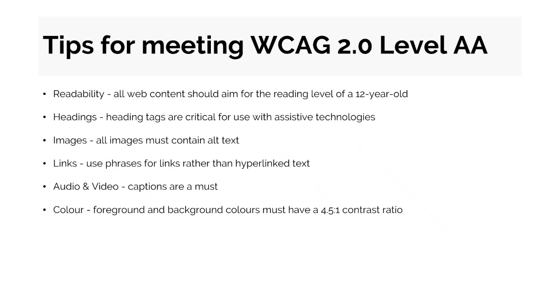So in order to meet level AA guidelines, foreground and background colors need to have a 4.5 to 1 contrast ratio. But if the contrast ratio is not met, adjustments may be necessary for your brand palette. For example, if the background is light gray and the foreground color is dark gray, it may not be really visible to people with color blindness. So we might consider changing the brand palette.